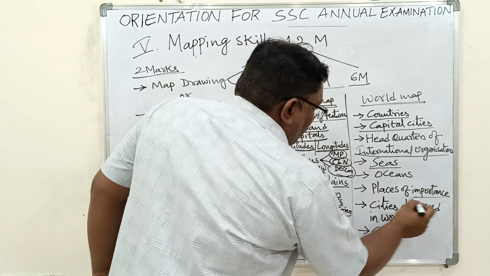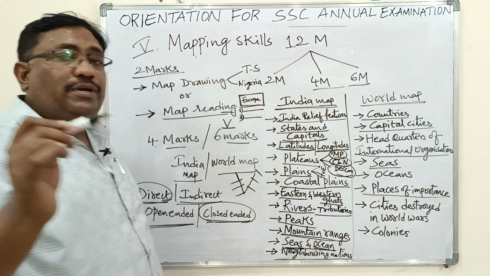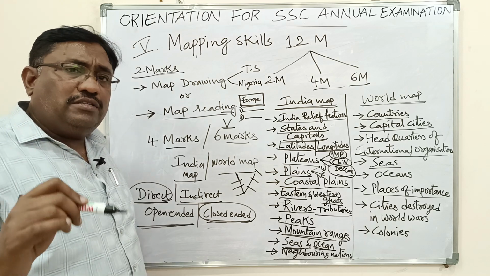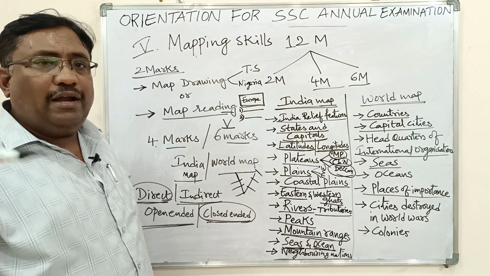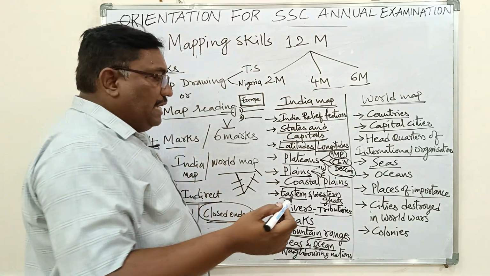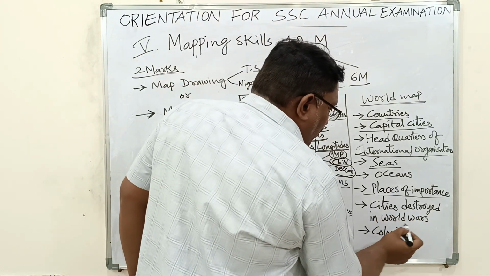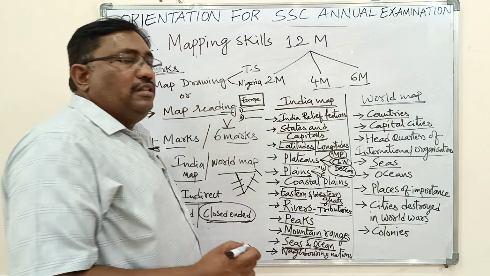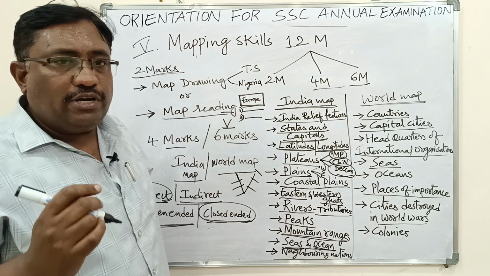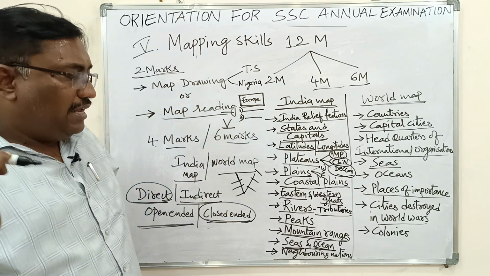Next, some places of importance, like where the first summit of NAM was held. The first conference of NAM was held at Bandung and Belgrade in Yugoslavia. Those are the places of importance. And the cities that were destroyed in the world wars. Especially in the Second World War, in Japan two cities were destroyed: Hiroshima and Nagasaki.